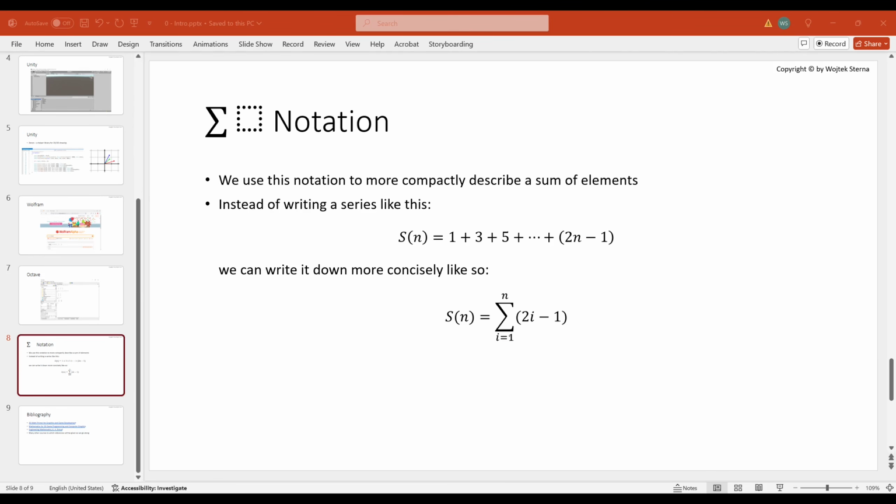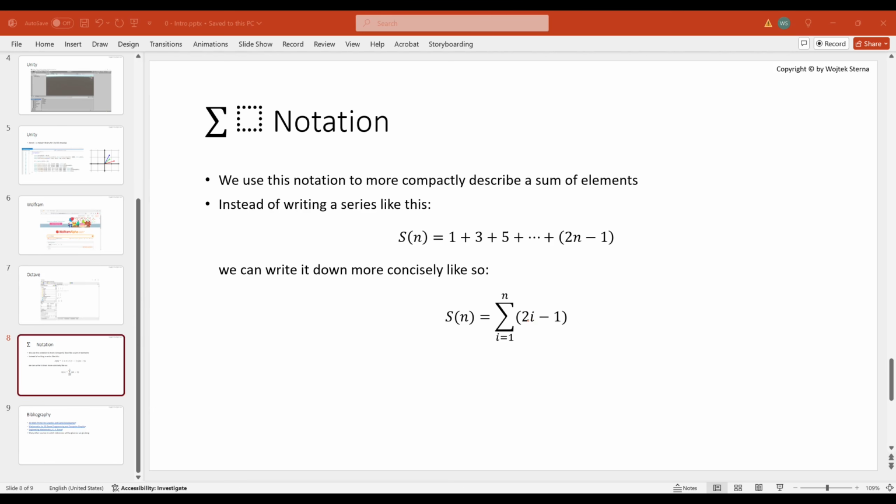This sum is basically just a mathematical loop that starts here at i equals 1 and goes up to i equals n. So in this case, it is going from the value of 1 to the value of n. And inside this loop, we are evaluating this term over here, and we are adding it to the overall sum for each value of i.